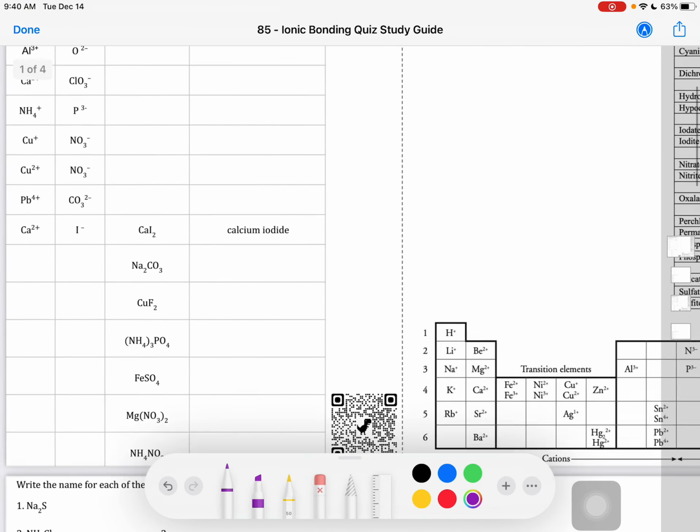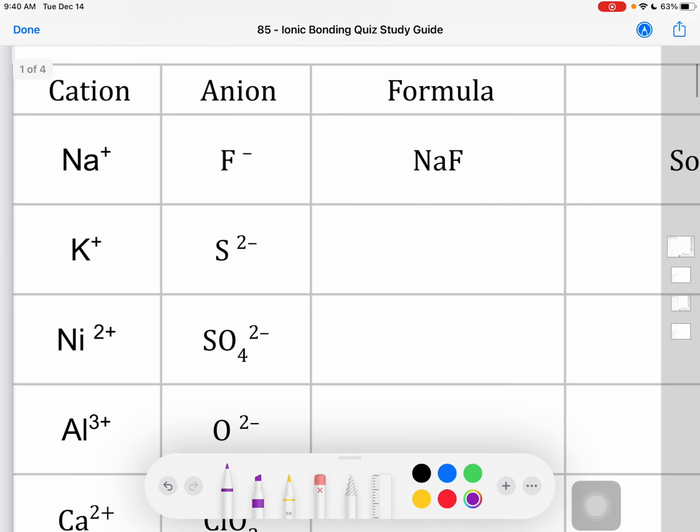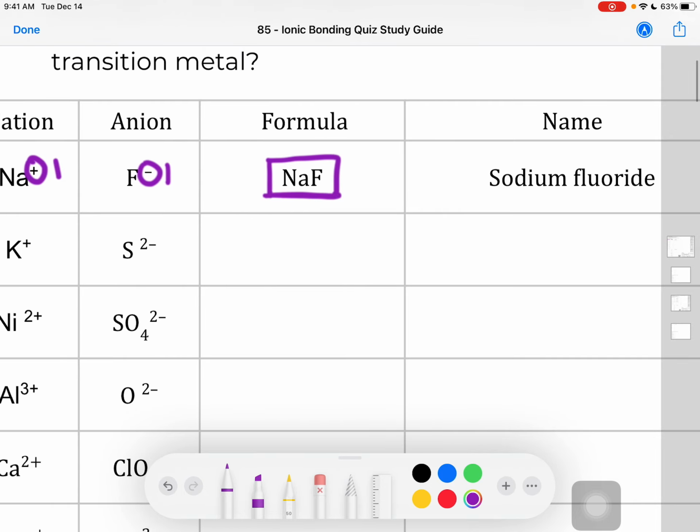So let's do a couple of examples together to help you grasp this. The first one is sodium and fluorine. They both have a charge. This one is +1, this one is -1. So the charges are equal, which is why it has no charge here. Remember, this is a review.